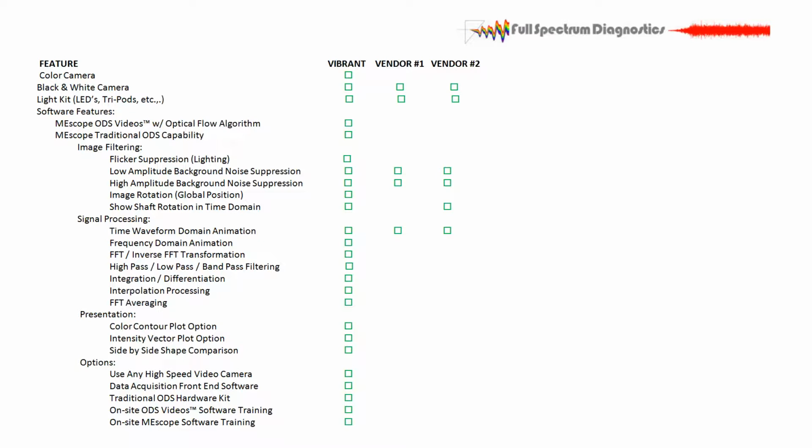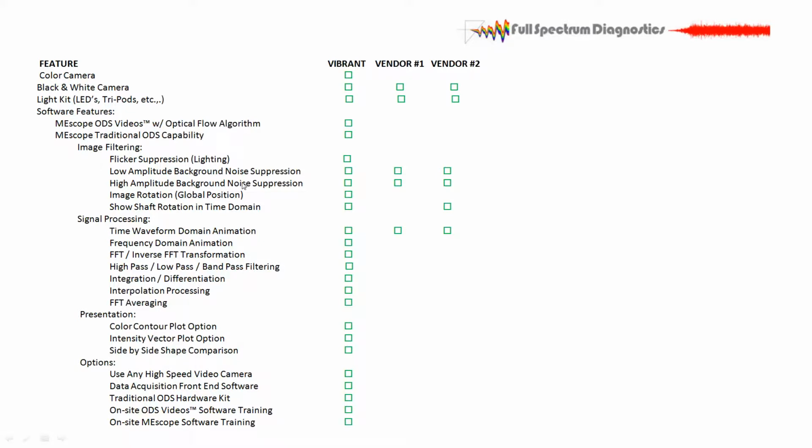So you do need good lights, and that's part of the lighting kit that we would recommend. The other thing that the ODS software does is flicker suppression. So it'll pull out that 120 hertz flicker, or 60 hertz flicker in some cases, that's occurring in the lighting itself. It's not real vibration motion.